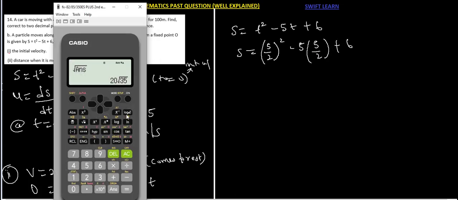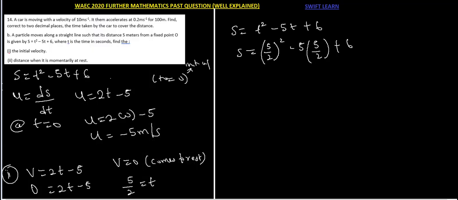So if I use my calculator, I have 2.5 squared minus 5 bracket 2.5 plus 6. Okay, so what we are going to have should be in meters.